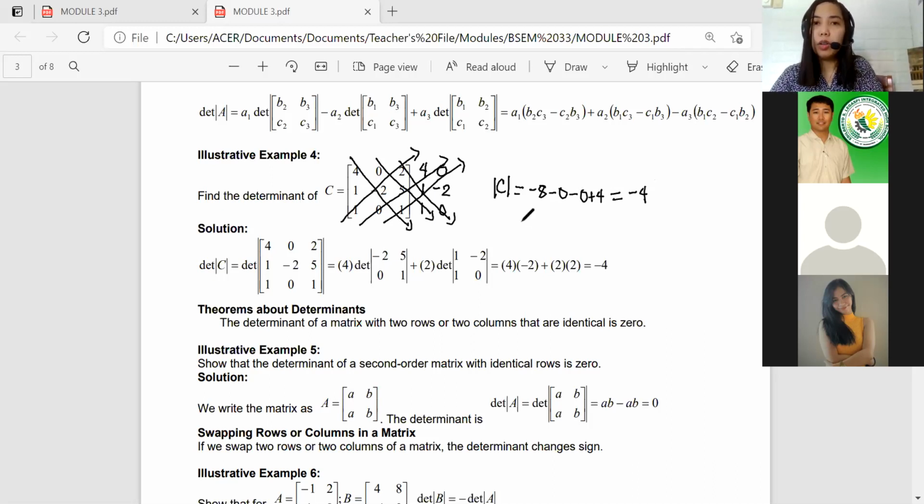So this is cofactor expansion. Kasi you expand it, you just copy the first two columns and you do the same process, multiply it diagonally. Find the product of each diagonal minus lagi ng pataas. Okay, so that's another way of finding the determinant if you don't want to use this method.